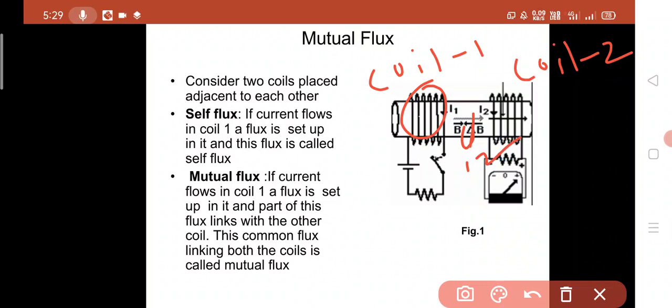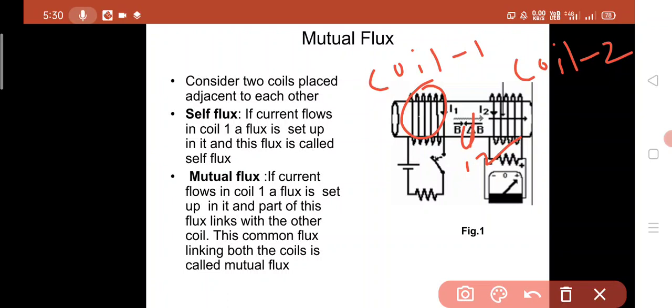If current flows in coil 1, a flux is set up in it and part of this flux links with the other coil.